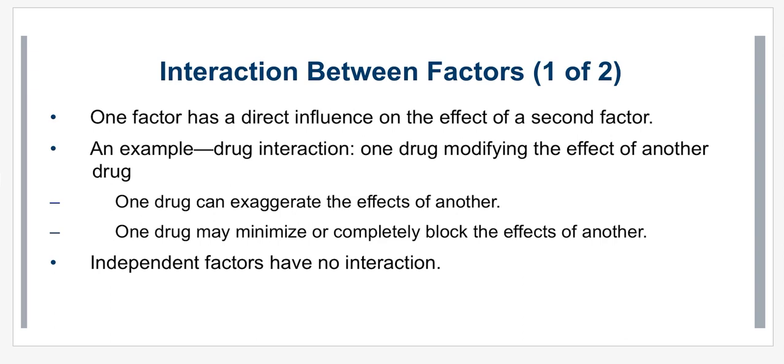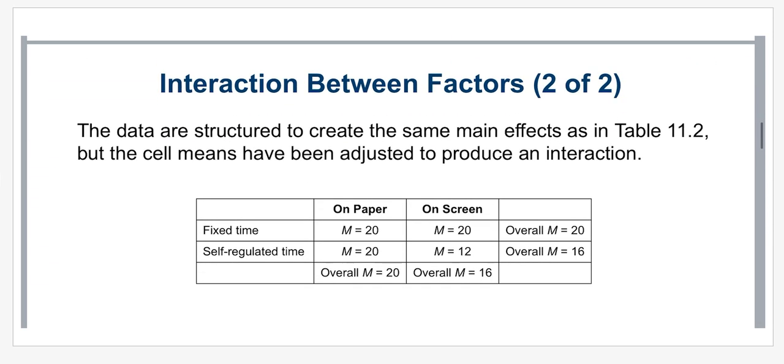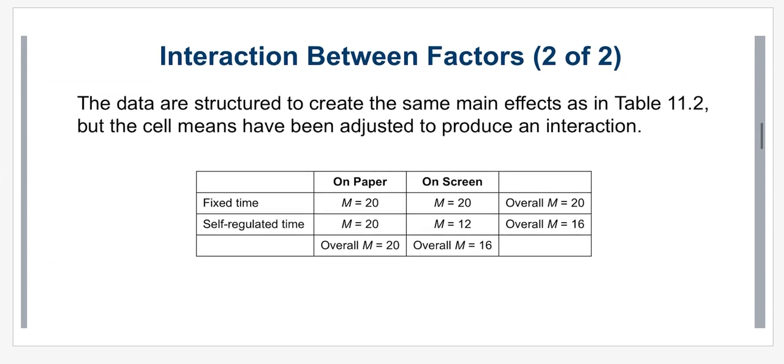When that happens, that's considered an interaction, right? So if the two drugs, or the two independent variables, or the two factors are independent, there's no interaction. But if there is a dependent relationship, which we will talk about in a second, then there is.